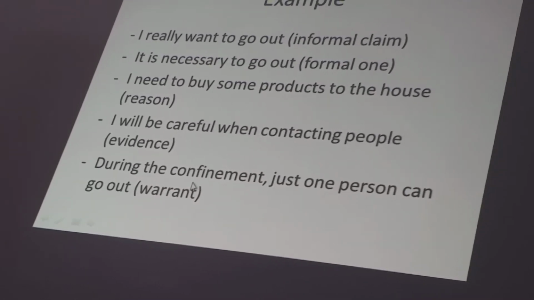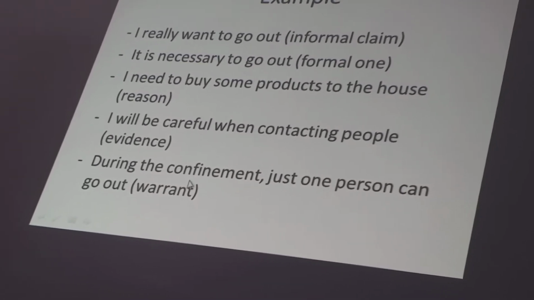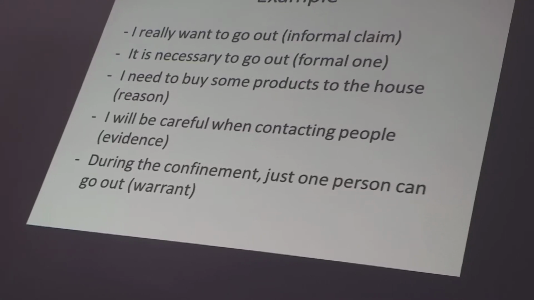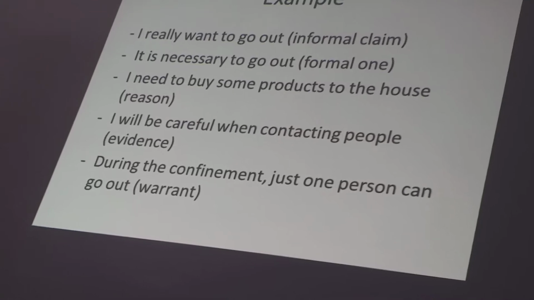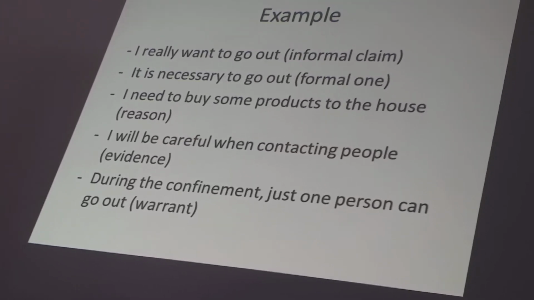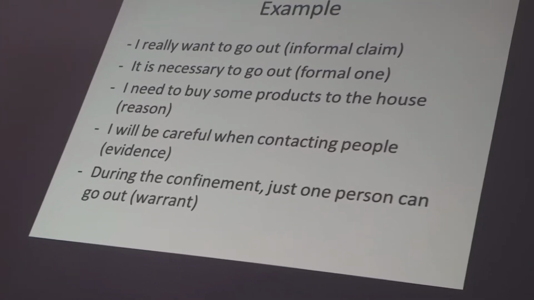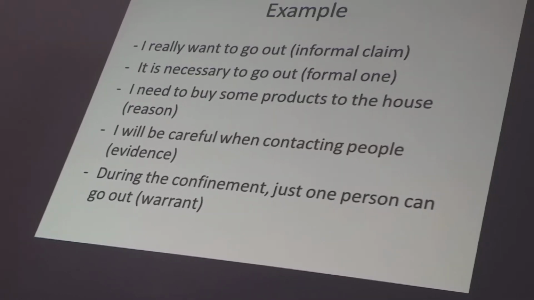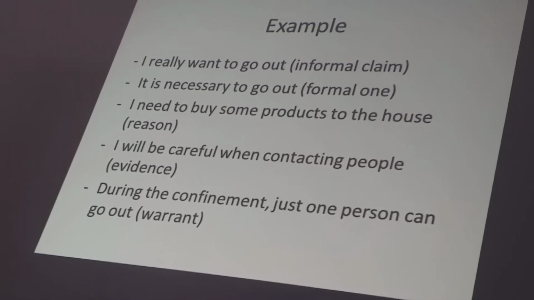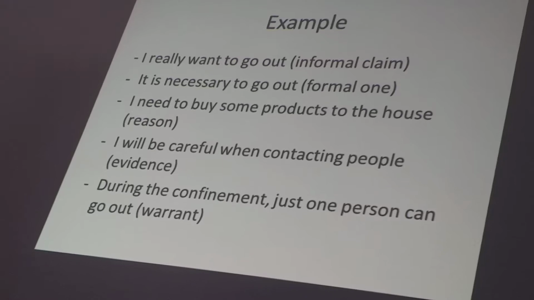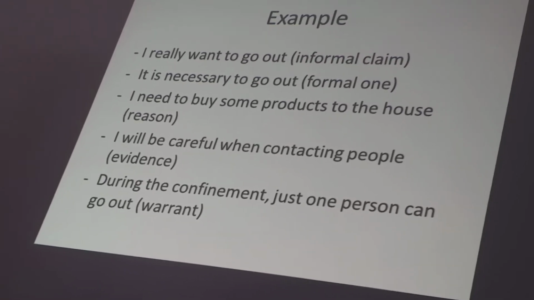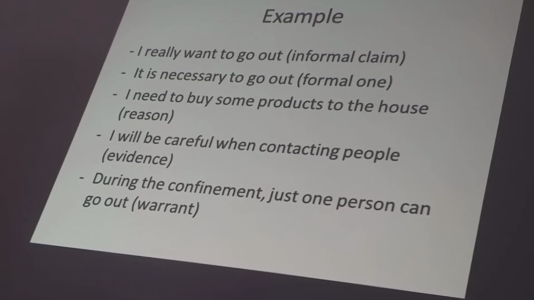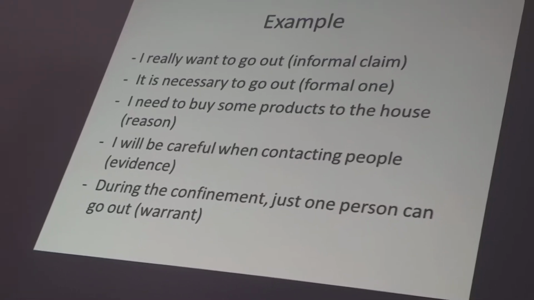I can say here that the authorities said that only one person should go out during the confinement to buy products, etc. So this is a simple example that I prepared for you to have an idea about how to prepare your argument. Your argument is built on a claim. The claim is supported by reason, by evidence, and by a warrant, as you can see here.